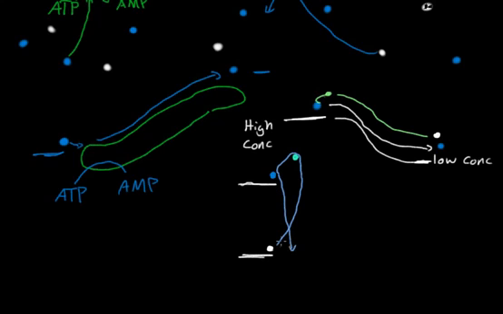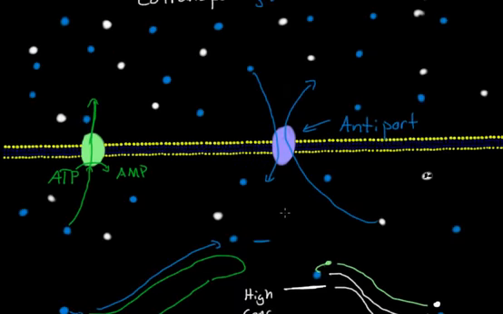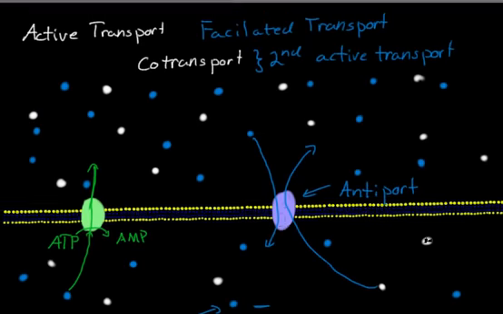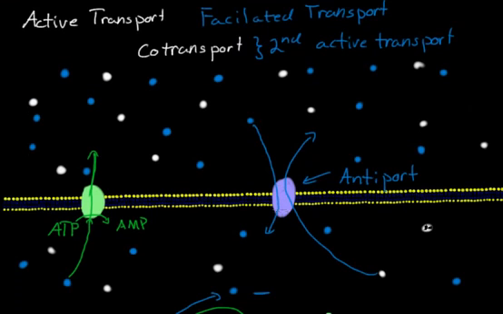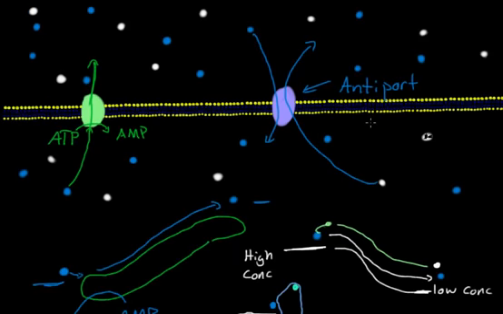So this goes down, this goes up. So that is what secondary active transporters do. Energy isn't being consumed, it's just maybe a big guy falling down, pulling up a little guy. So that is what active transport is, facilitated transport, and co-transporters. They are secondary active transporters.